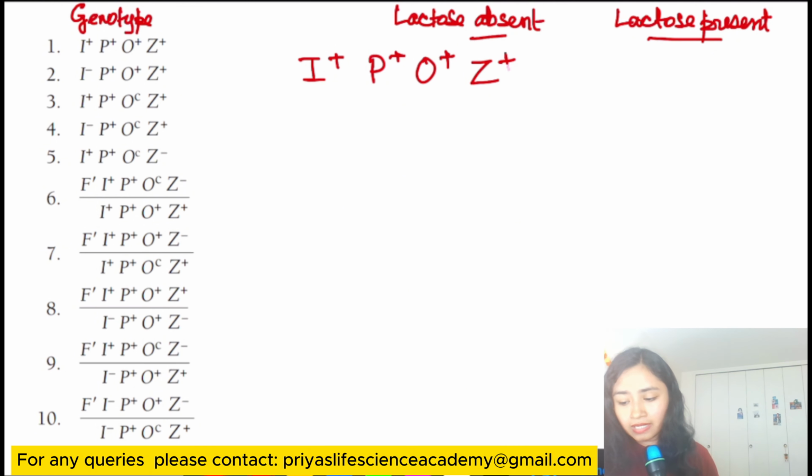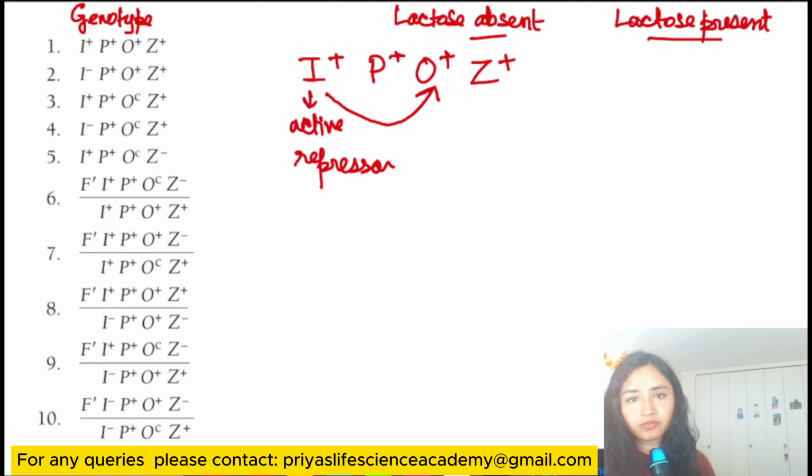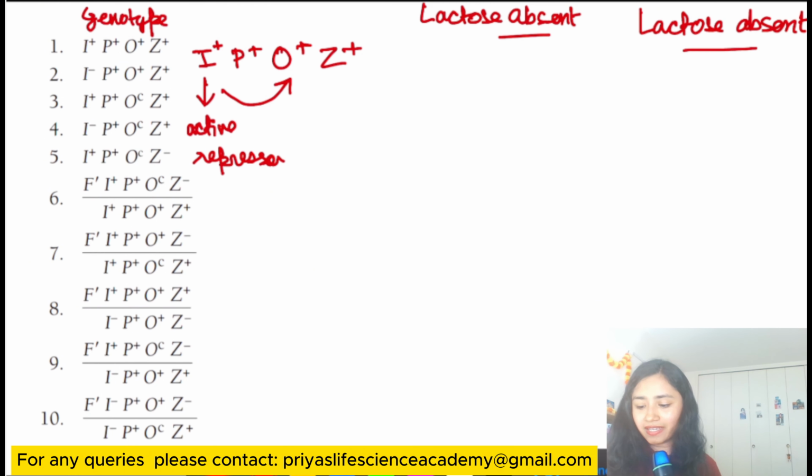I plus will produce the active repressor, and the active repressor will go and bind with the operator region. The operator region is blocked, so the RNA polymerase can't bind and the synthesis is stopped.